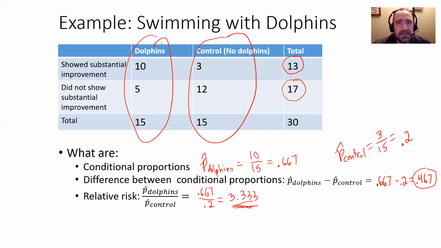What does that random shuffling do for us? Well, it simulates this null hypothesis that it doesn't matter which group you end up in, that's not connected to showing substantial improvement or not. So we're simulating that aspect. Then we do the same calculation. We calculate conditional proportions, and let's just focus on the difference in conditional proportions, and we see what it is from our shuffled up simulated one.